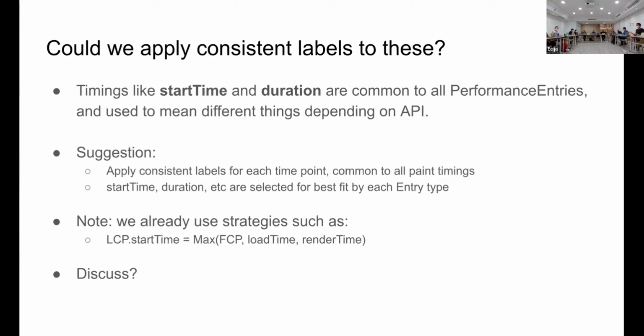It kind of depends on timing allow origin headers and that sort of thing. So we have a best available value depending on context, and then a very concrete name for specific timings. And so we could just do more of that. So I will go through all the slides and then we'll come back to discussion just to make recording easier. But that's one conversation to be had.